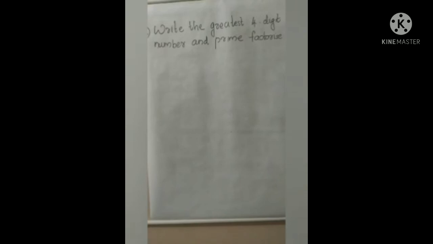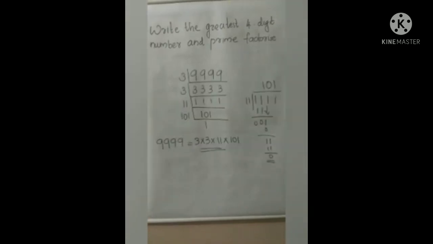So what is the greatest 4-digit number? We need to prime factorize that number. The largest 4-digit number is 9999. We need its prime factorization. Here all digits are 9, isn't it? So it is divisible by 3.